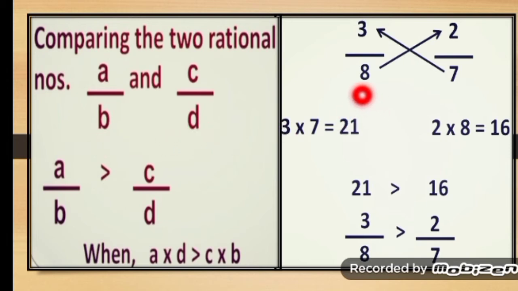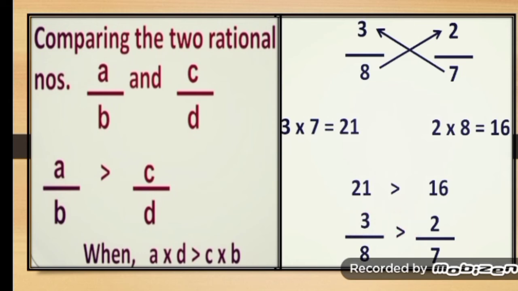Here the example is 3 by 8 and 2 by 7. Let's do cross multiplication. The product AD will be equal to 21 and the product BC will be equal to 16. As 21 is greater than 16, the first rational number 3 by 8 will be greater than 2 by 7.